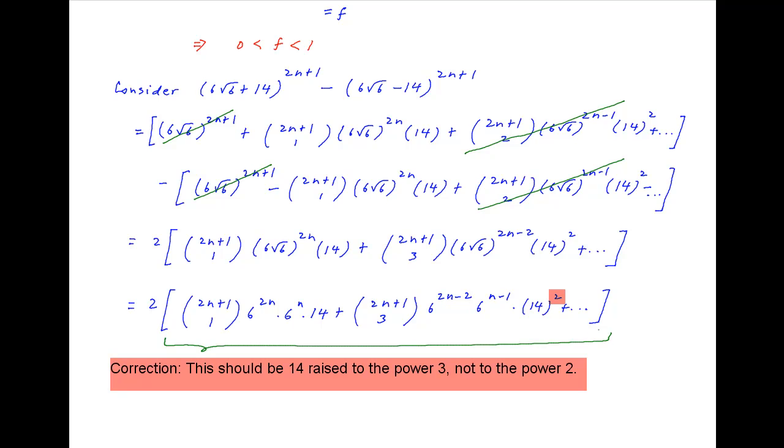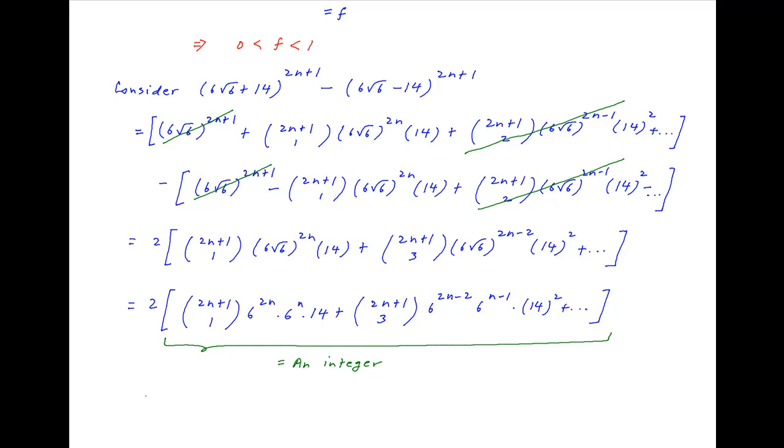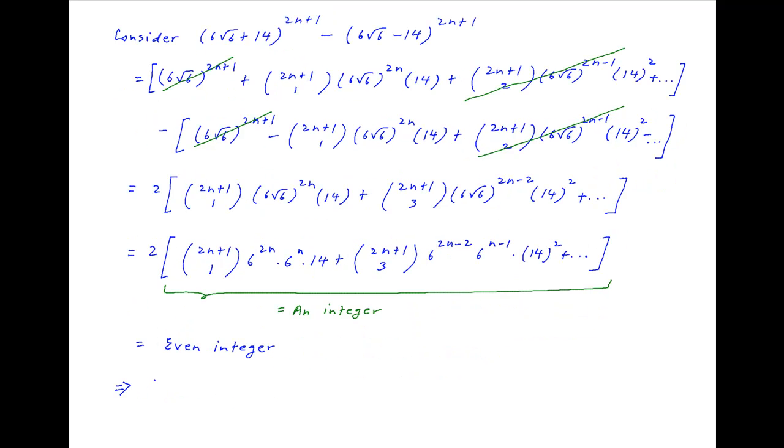Notice that the expression in the brackets is an integer, and therefore this whole expression is equal to 2 times an integer, which is an even integer. Therefore, (6√6 + 14)^(2n+1) − (6√6 − 14)^(2n+1) is equal to an even integer.